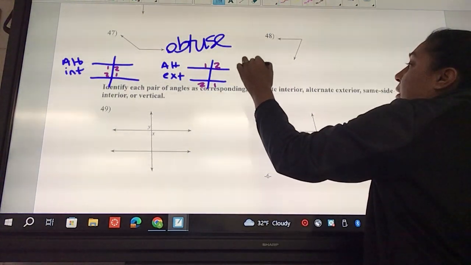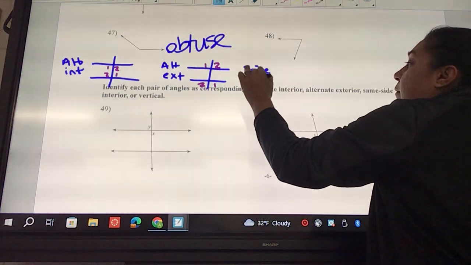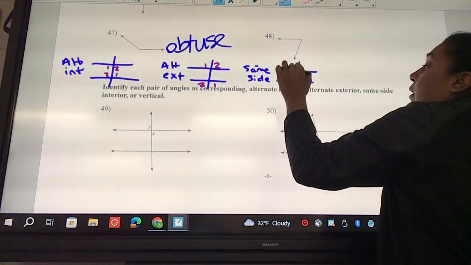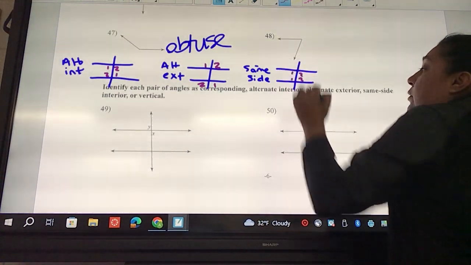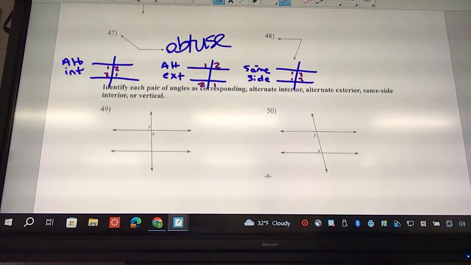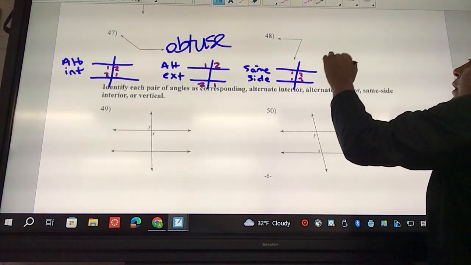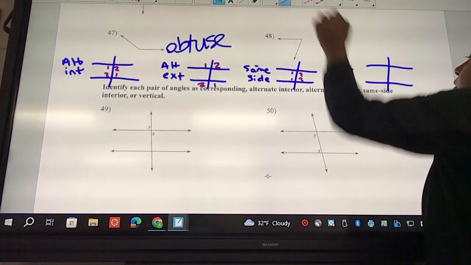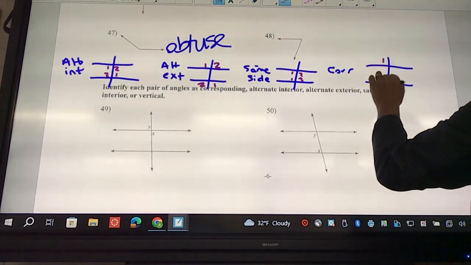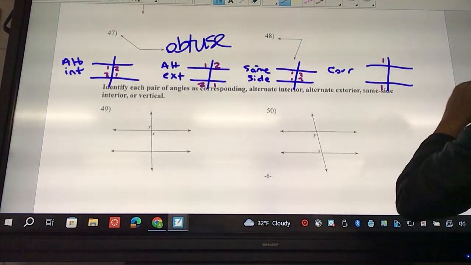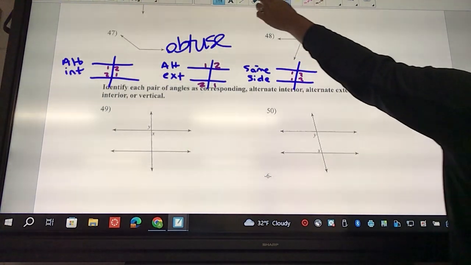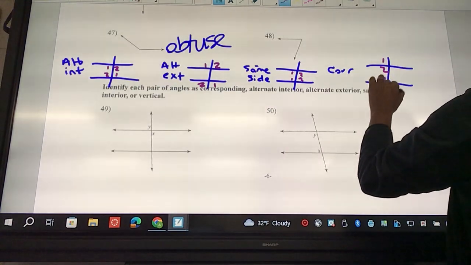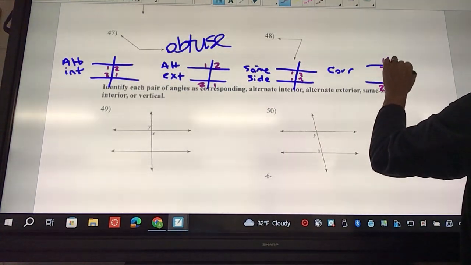Same side is going to look like 1 and 1 or 2 and 2. The corresponding are probably the hardest for me to do, but it's essentially going to look like 1 and 1, 2 and 2, 3 and 3, or 4 and 4.